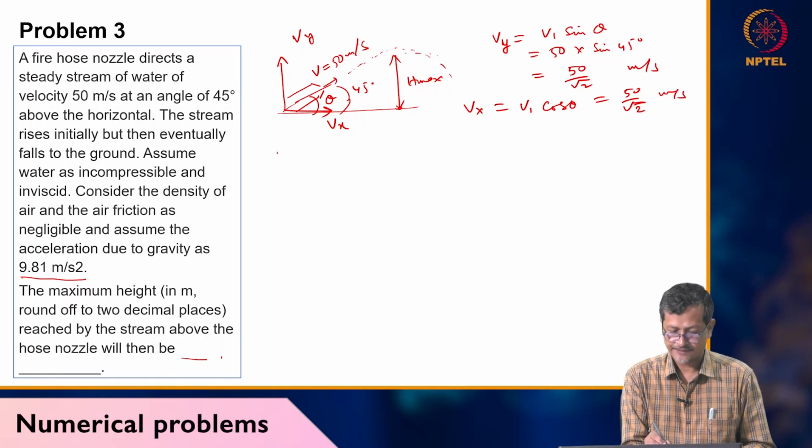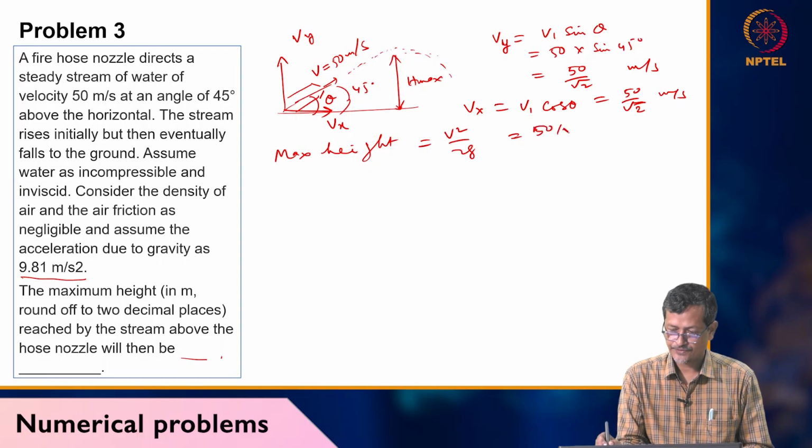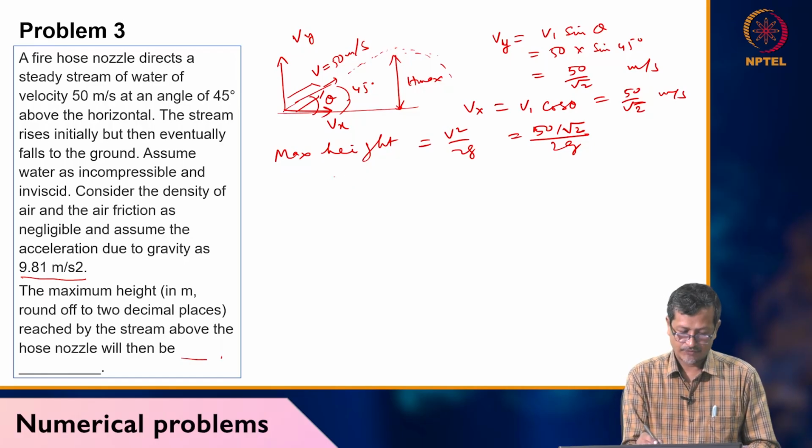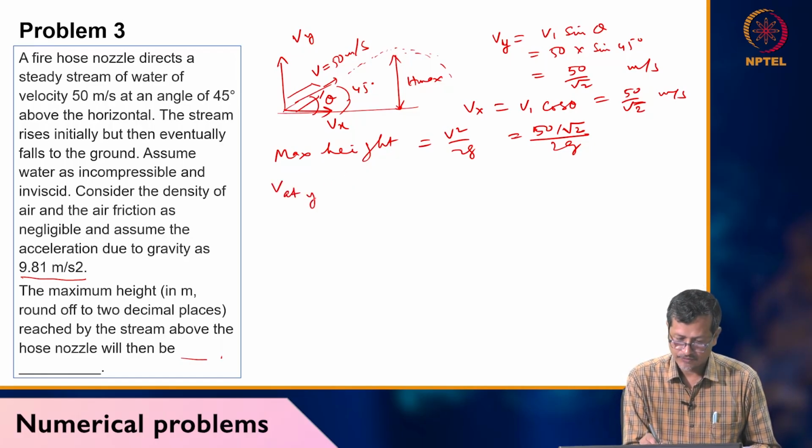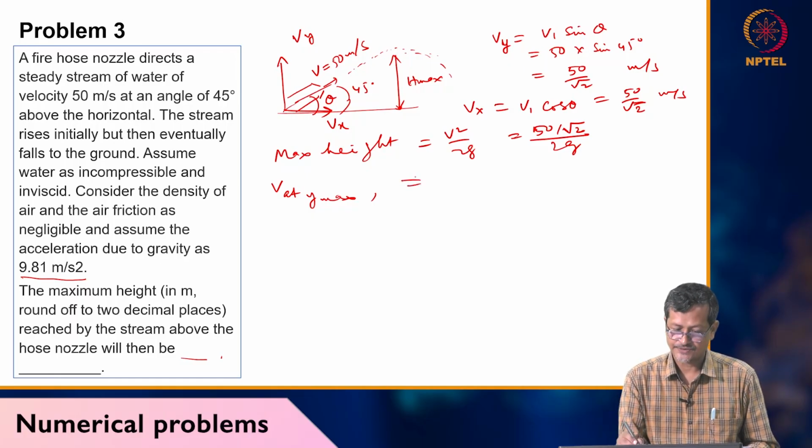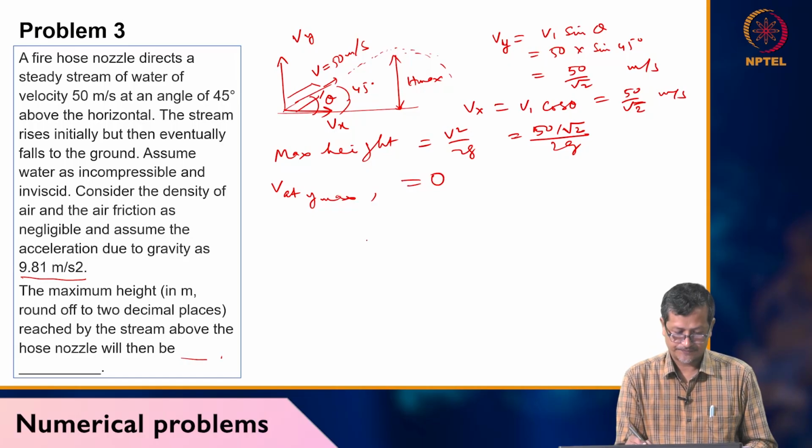Now the maximum height is (50 by root 2) square divided by 2g. The velocity at y max, the vertical velocity, will be 0.